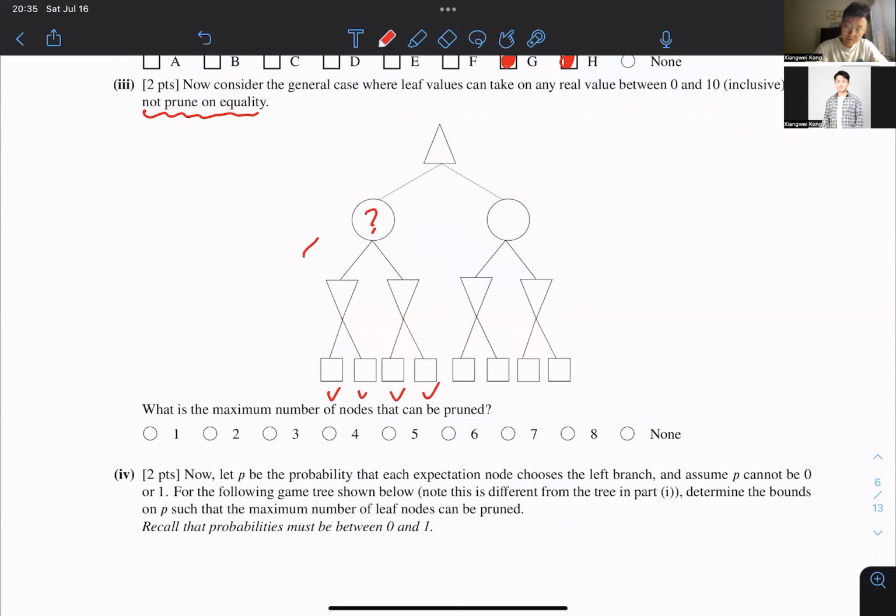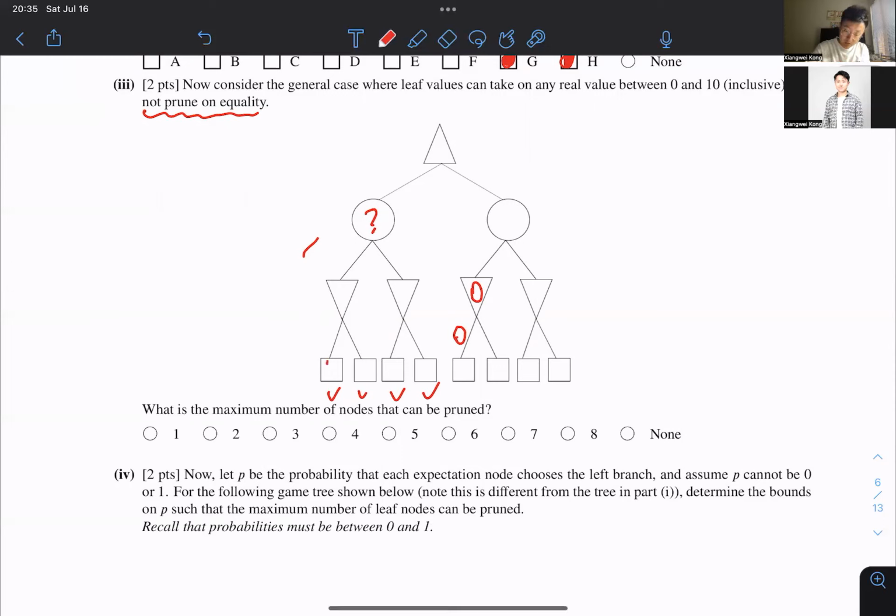And for here, if this value is 0, then this minimizer will choose 0 here. And we want to maximize the number of nodes to be pruned.